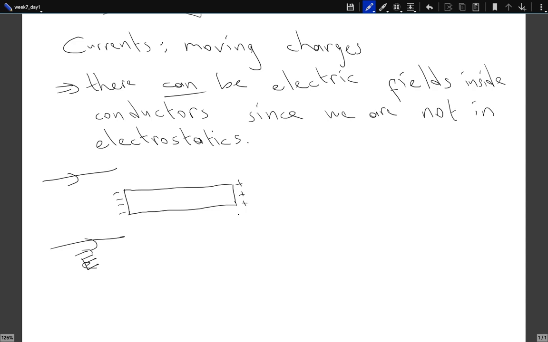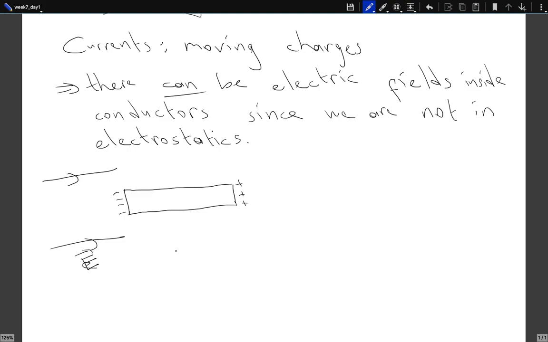These new induced positive and negative charges will create an additional electric field in the opposite direction. So eventually, when the accumulated charge is large enough, we won't have any electric field inside. But this happens only if the charges accumulate.